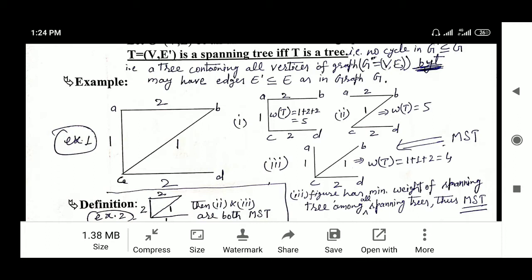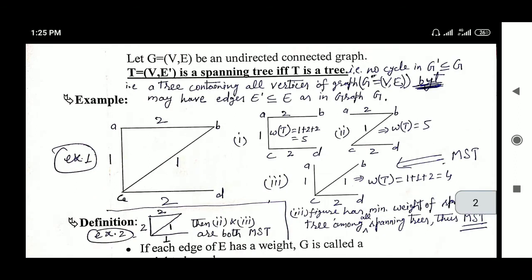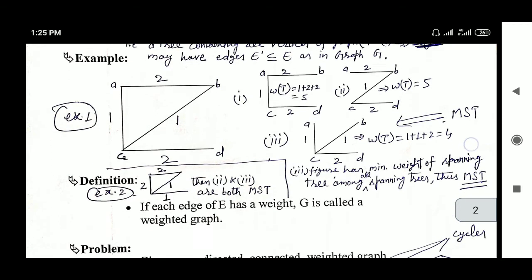And the same thing we find in all the patterns, but the total weight of the tree may be different. So for pattern number 1 and 2 in this example, the total weight is 5, and the third spanning tree has a total weight 4, so it will be taken as the minimum spanning tree solution.